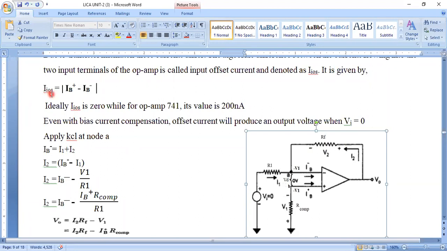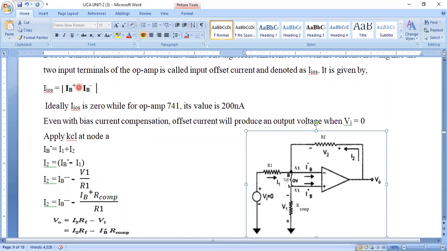This is the expression for input offset current from the definition we discussed in yesterday's class: it is the difference of the base currents.